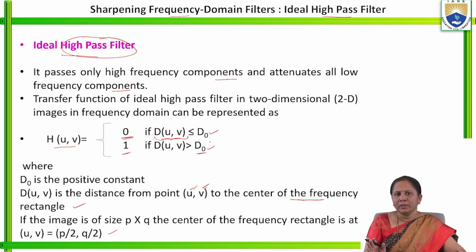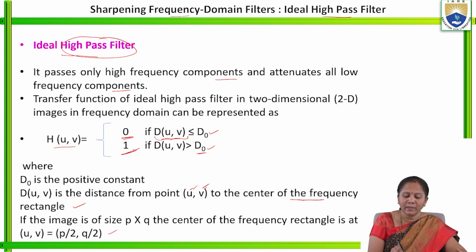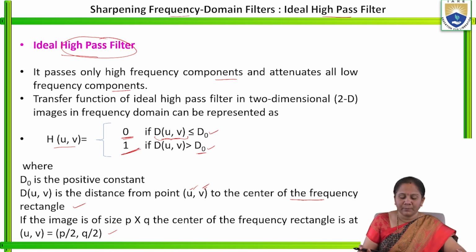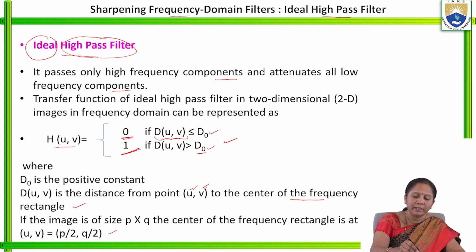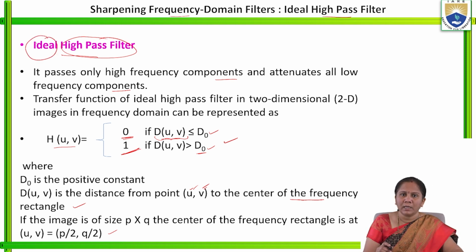After the cutoff frequency, whatever frequencies are available are called higher frequencies. All those higher frequencies will be passed. So 1 means they will be passed. This is the transfer function of the ideal high pass filter. As it is ideal, we will have either 0 or 1. So we will have a sharp cutoff transition for the ideal high pass filter.